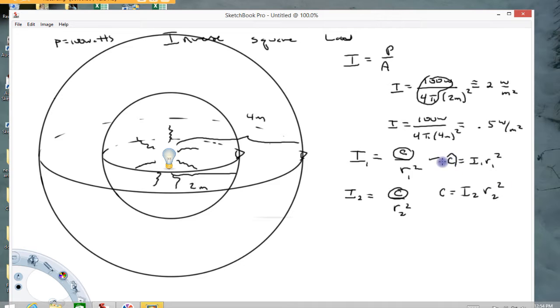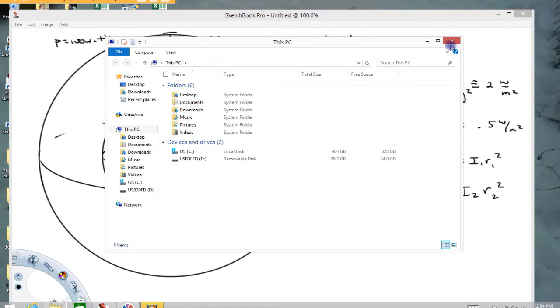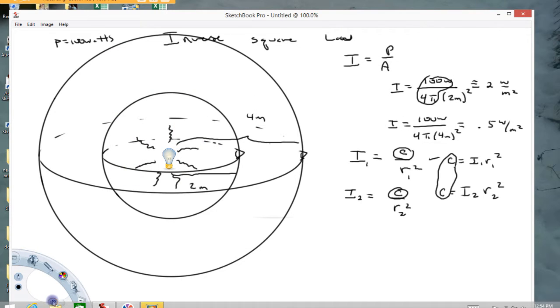And because the constants are equal in both cases, we can say that I1 R1 squared is equal to I2 R2 squared.